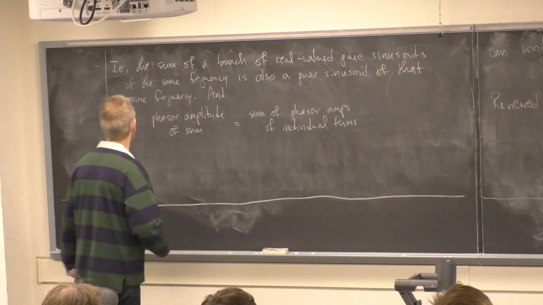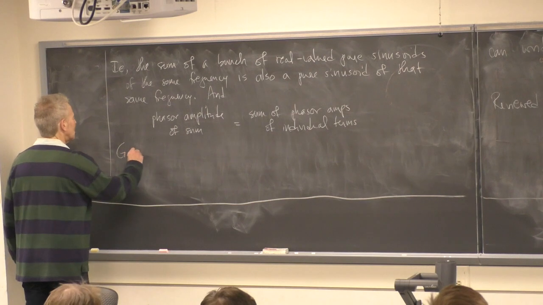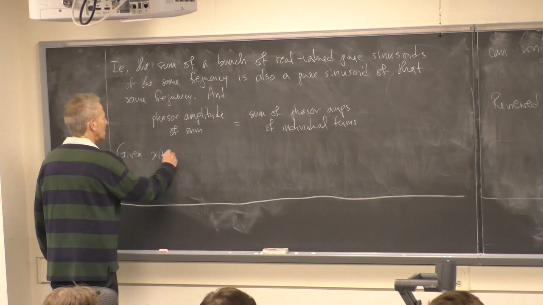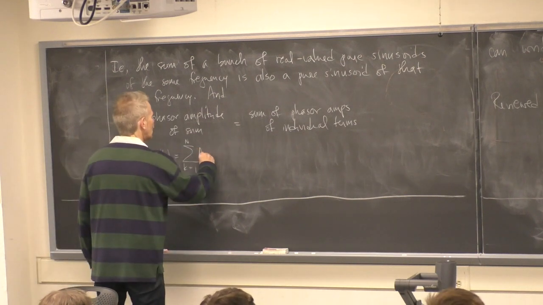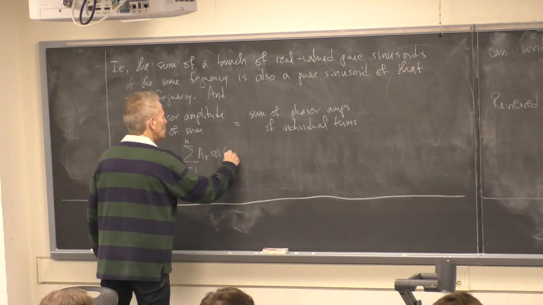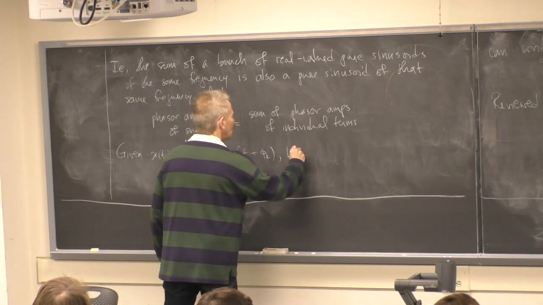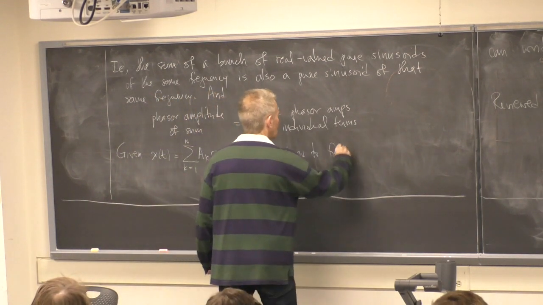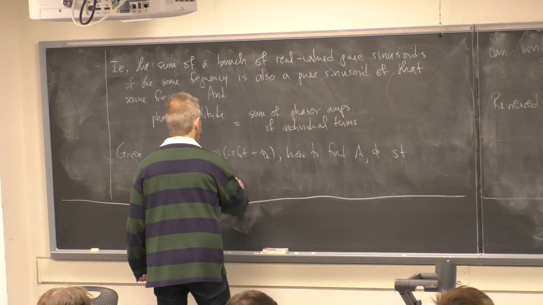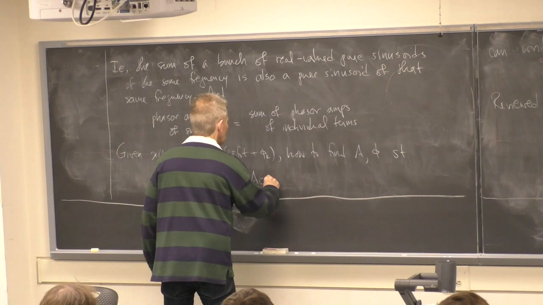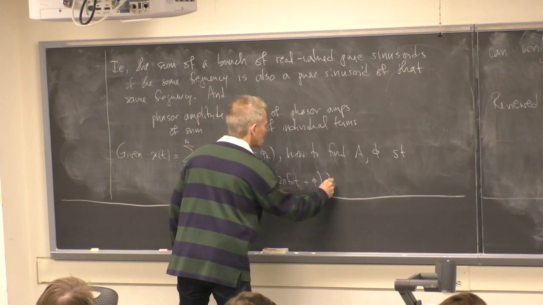If someone presents you with this sum, x of t equals the sum from k equals 1 to cap N of a_k cosine 2 pi f0 t plus phi_k, how do you find A and phi such that x of t equals A cos 2 pi f0 t plus phi?